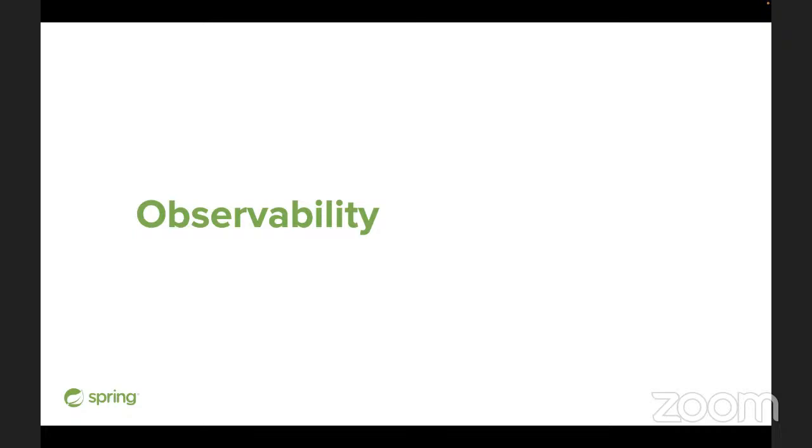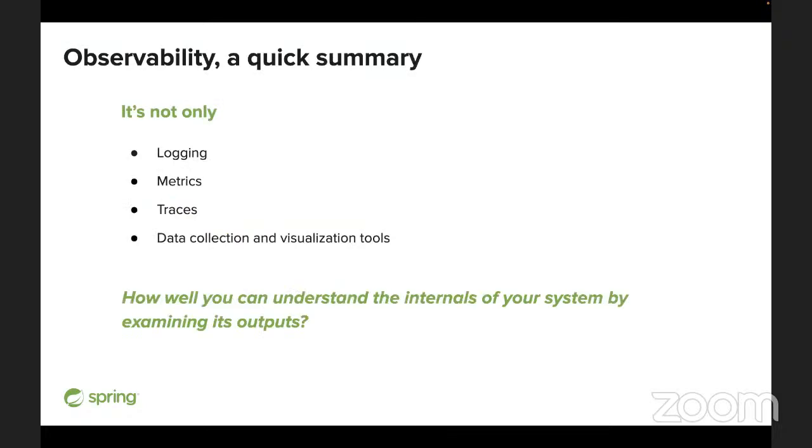The next topic that we've been working on is observability. If you look at what we have at the moment, we have Micrometer, which provides support mainly for metrics. I'm talking about the current generation.